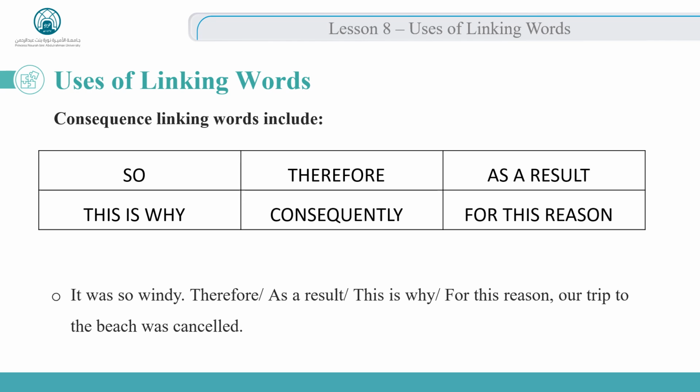It was so windy. As a result, our trip to the beach was cancelled. It was so windy. This is why our trip to the beach was cancelled. It was so windy. For this reason, our trip to the beach was cancelled.